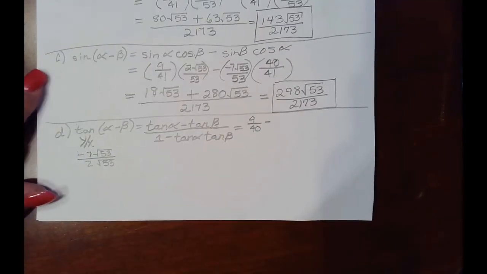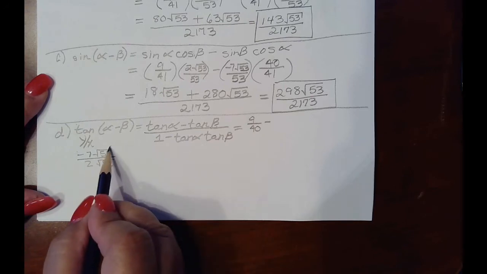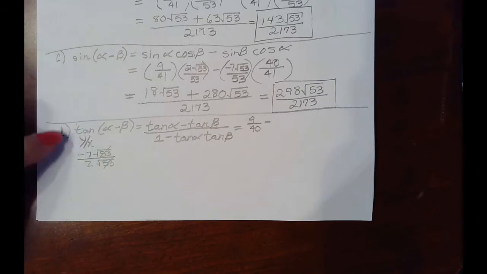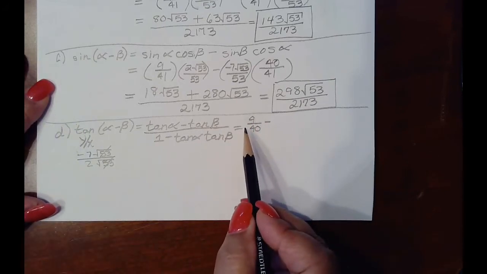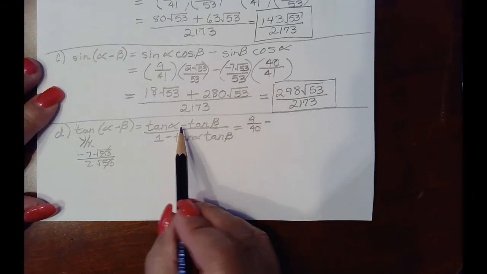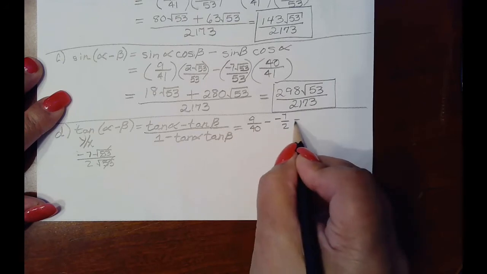Okay, let me slide this up. This was the y value off that picture. This is the x value off that picture. Notice that these cancel. So that ends up just being -7/2 for that value. So this is the tan value for alpha. This is the minus sign, that's part of the formula. And then this is the tan of beta value.